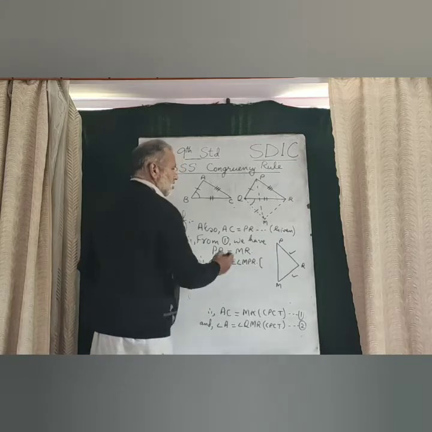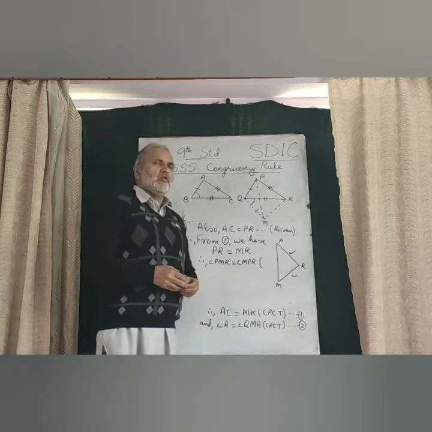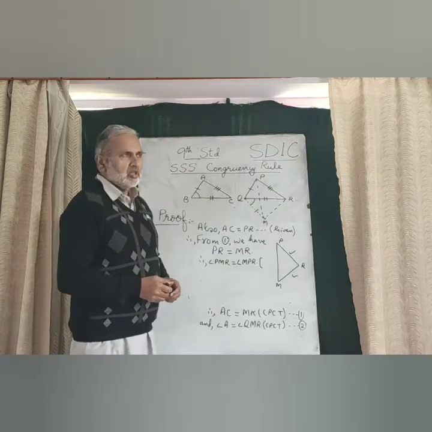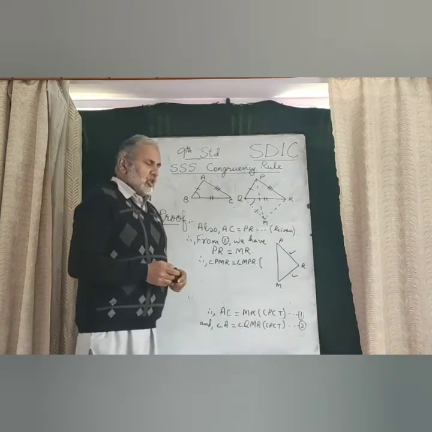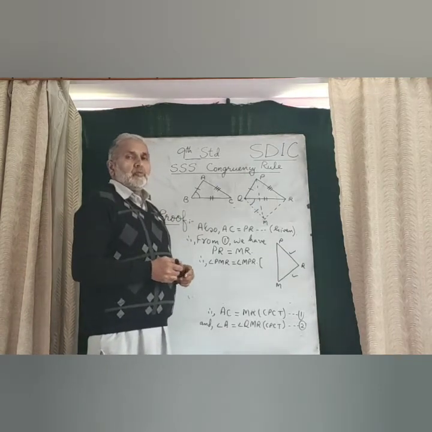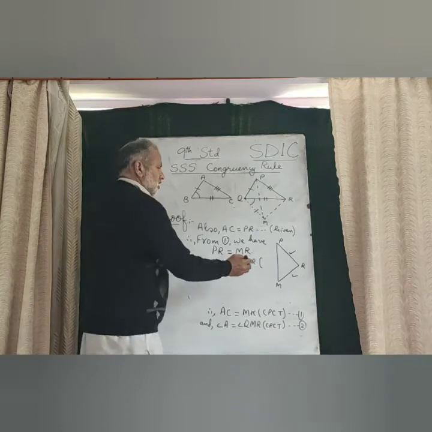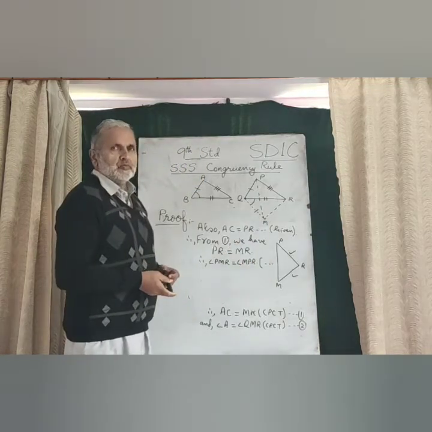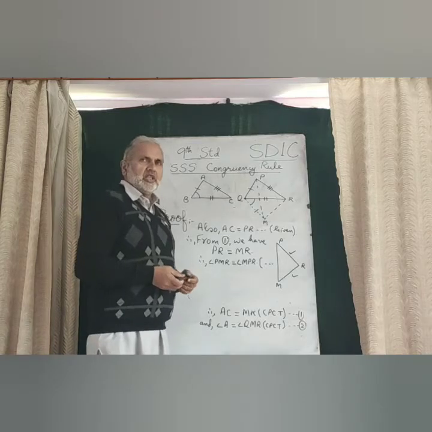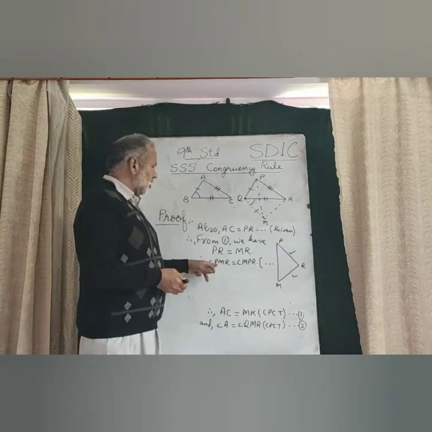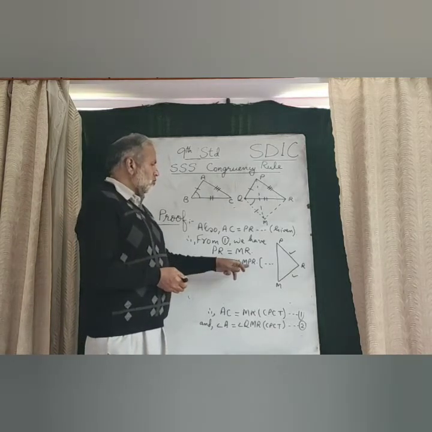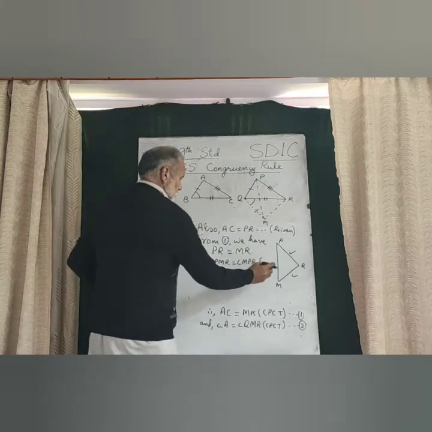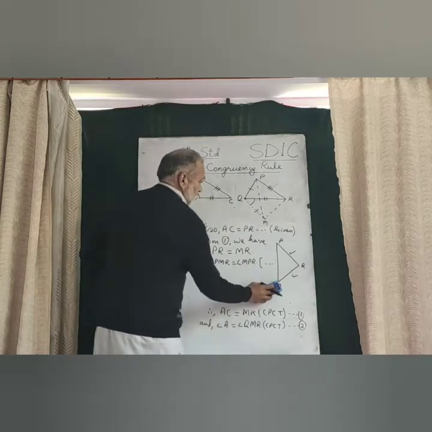You write the reason we have written yesterday also many times: angles opposite to equal sides of a triangle are equal. So we have angle PMR equal to angle MPR. You mark it number 3.